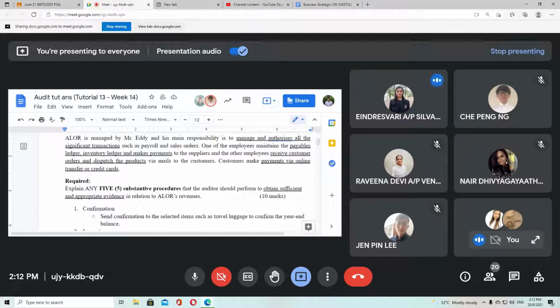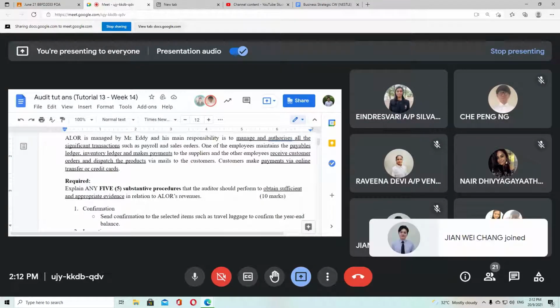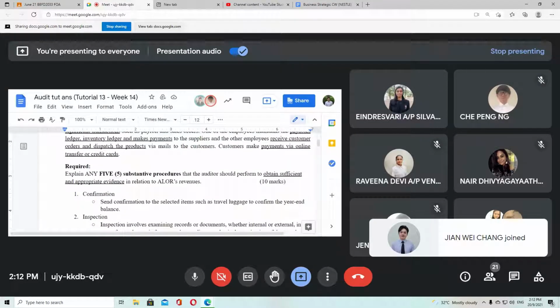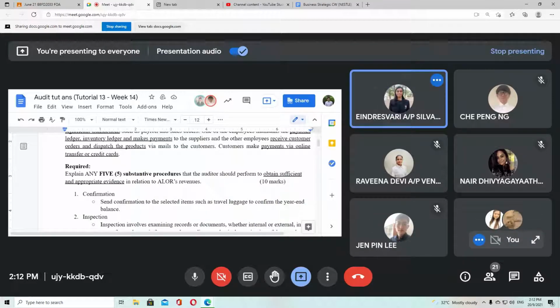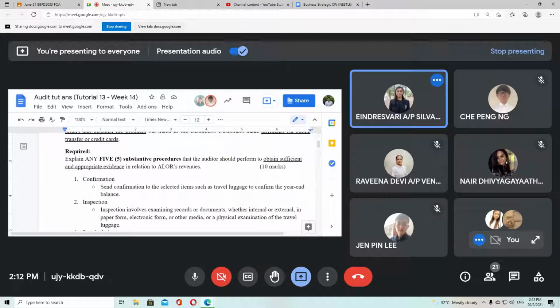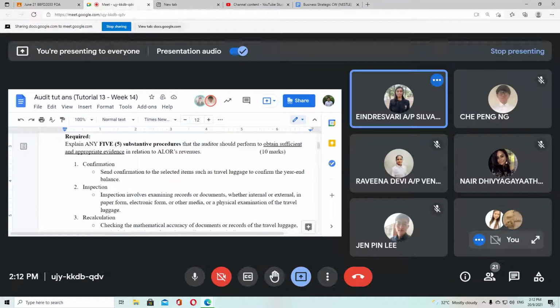Explain any five substantive procedures that the auditor should perform to obtain sufficient and appropriate evidence in relation to ALO's revenue. The first is confirmation. Send confirmation to the selected items such as travel luggage to confirm the year-end balance. Are you sending confirmation to the luggage bag?